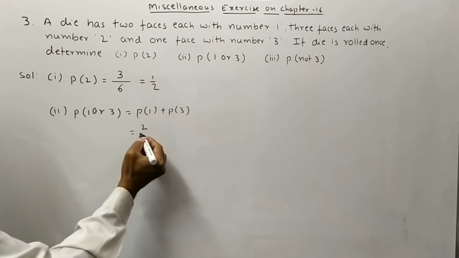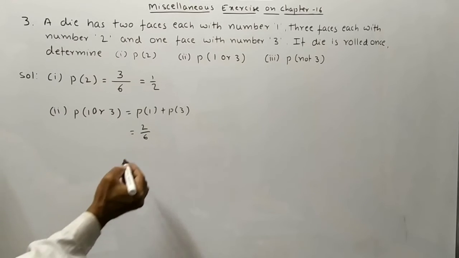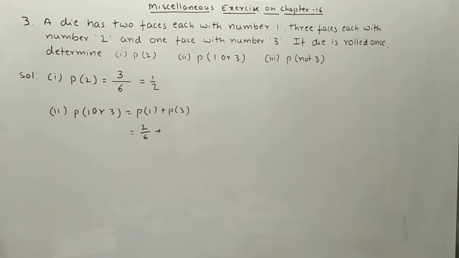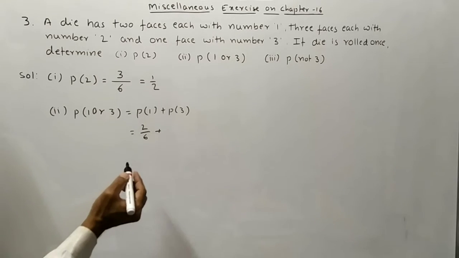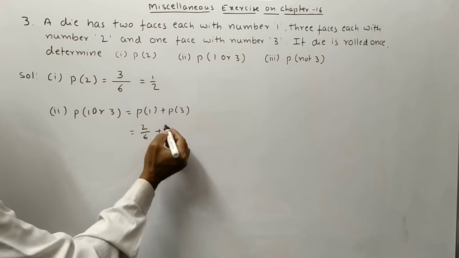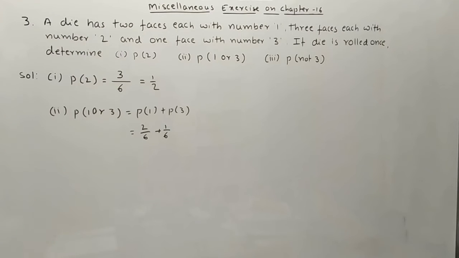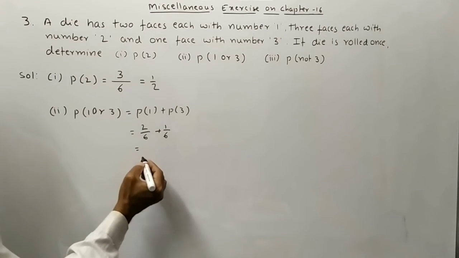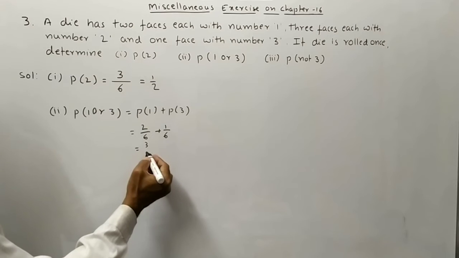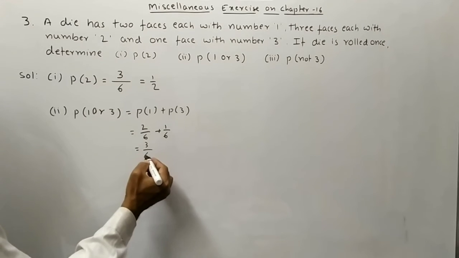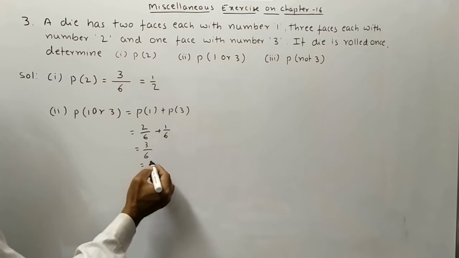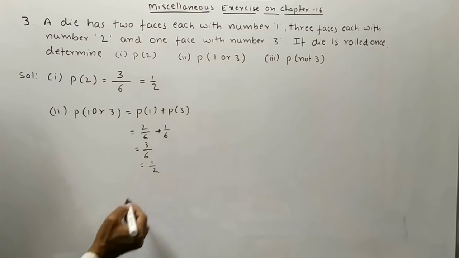Therefore, probability of 1 is equal to 2 by 6 plus, what about probability of 3? 1 face is with number 3. So, therefore, probability of 3 is equal to 1 by 6, is equal to 3 by 6 is equal to 1 by 2.